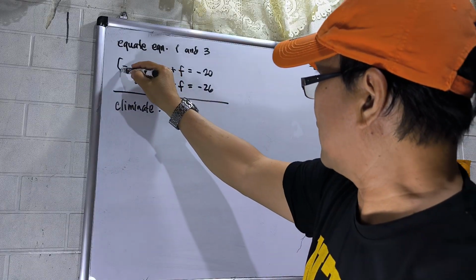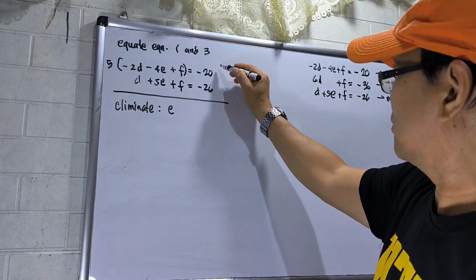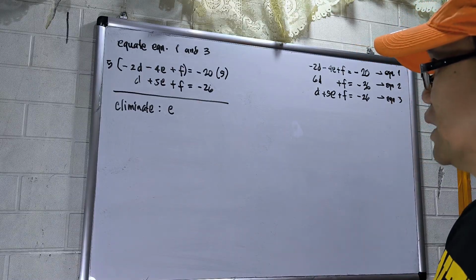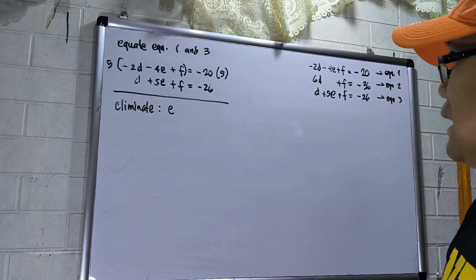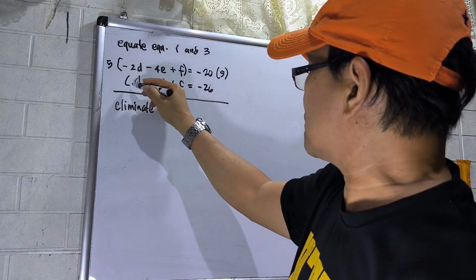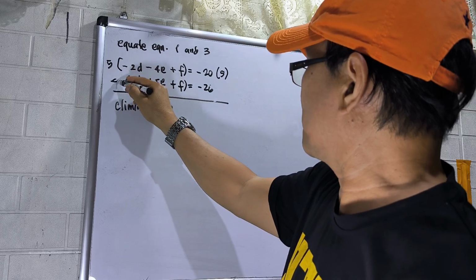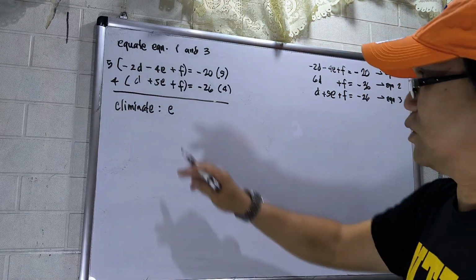So I need to multiply this one by 5, both sides. Then how about the third equation, to come up with 20e with unlike sign? So this will be multiplied also by 4, both sides. Okay, so distribute.